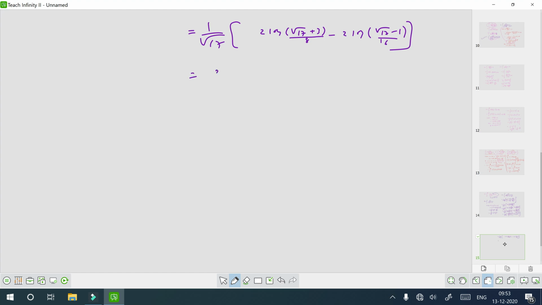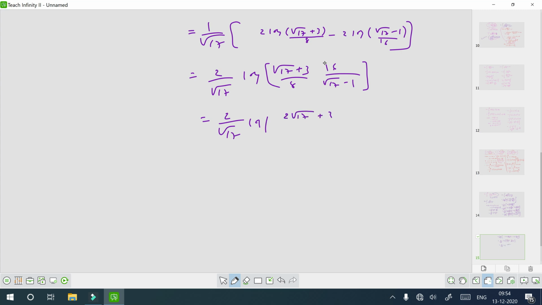So 2 is outside: 2 under root 17 log root 17 plus 3 by 8 over 16 by root 17 minus 1. That is equal to 2 by root 17 log 2 under root 17 plus 3 over root 17 minus 1 also. Once again you can simplify it also.